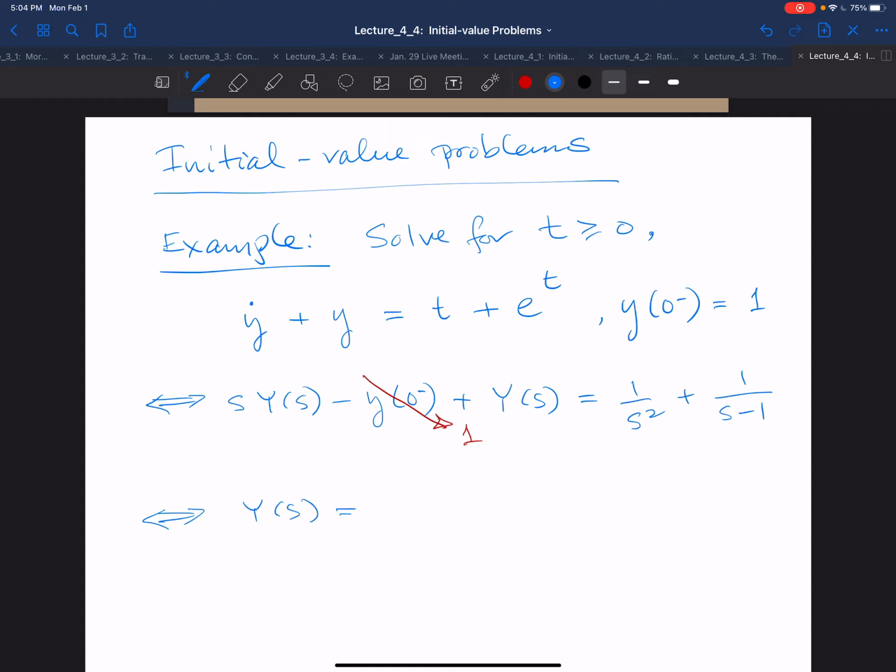Doing so, we get an expression for y of s, which is 1 over s plus 1 plus 1 over s squared times s plus 1 plus 1 over s plus 1 times s minus 1. Maybe I should say a little bit more about this.